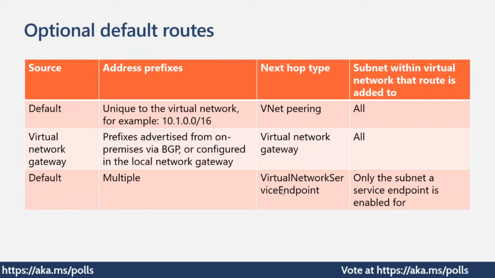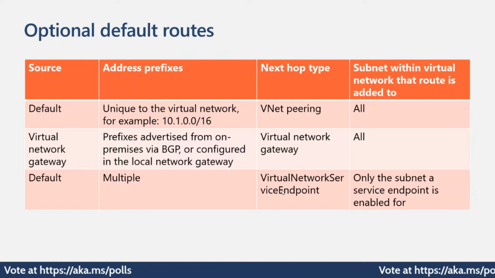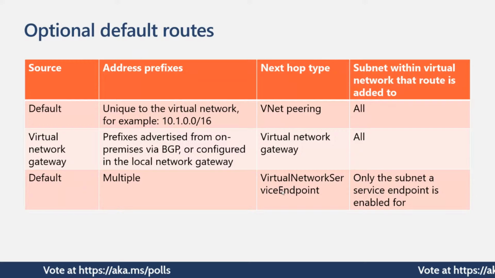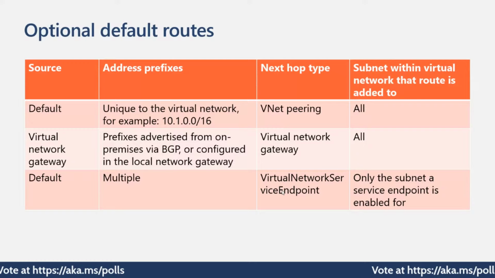An example would be something like a storage account, and you're going to associate that at the subnet level. The benefit here as it relates to our route table is that Azure is going to manage the addresses within the route table even if the IP address associated with your Azure service changes. So that's a benefit as it relates to our service endpoint itself.